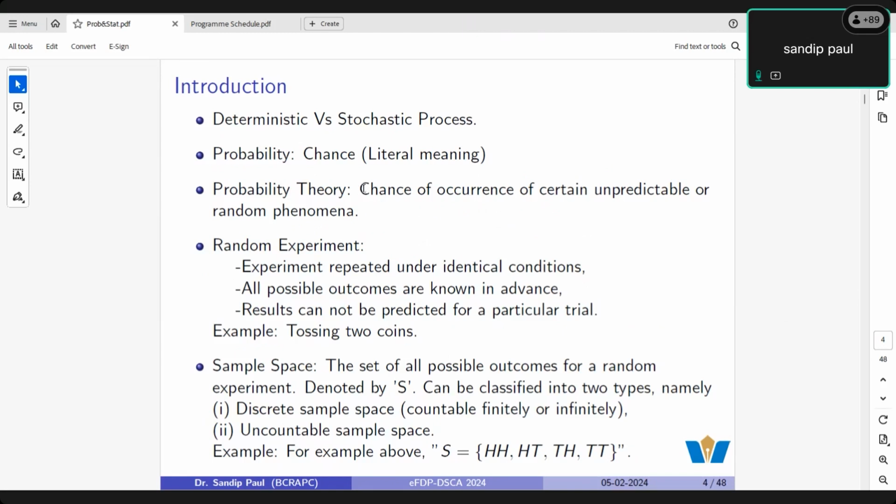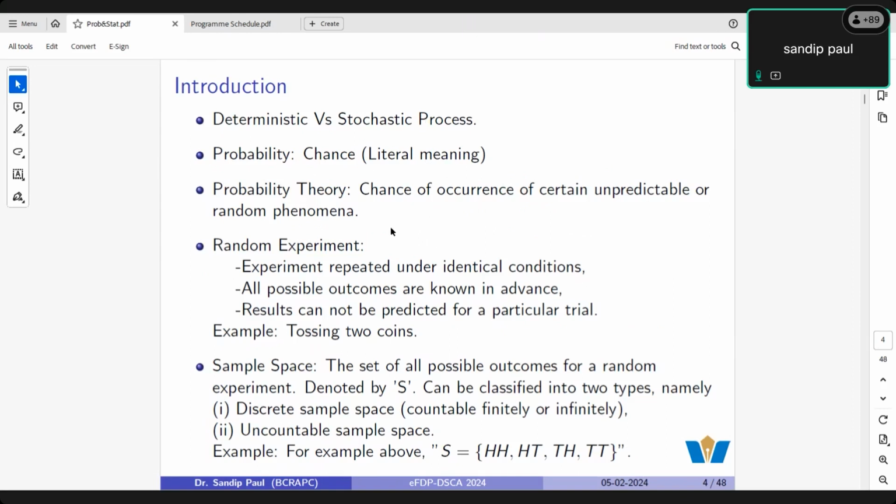But we can actually predict the marks obtained by the student. It can be from 0 to 100. Any marks in between 0 to 100, he or she can get. At that point the concept of probability will arise. We know the possible outcomes, we know the possible results, but we cannot say perfectly with 100% confidence what the marks obtained by the student will be.